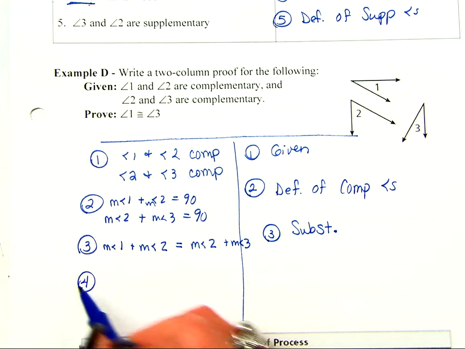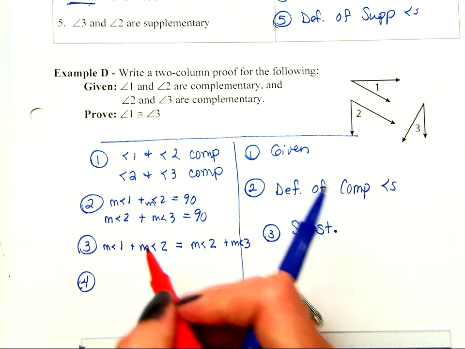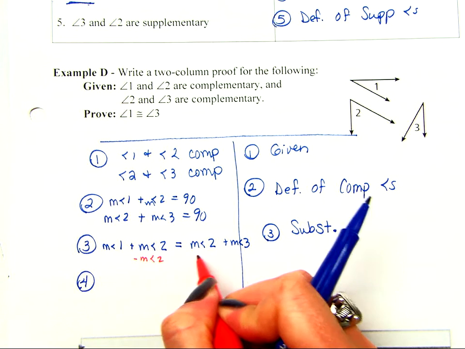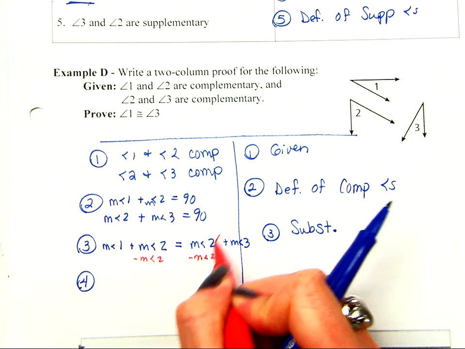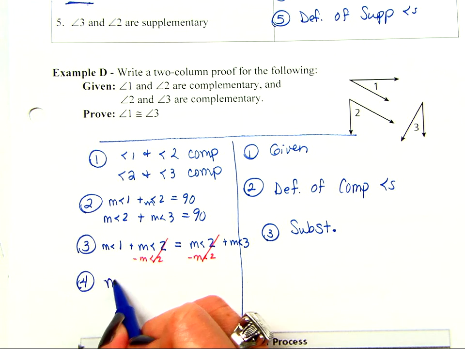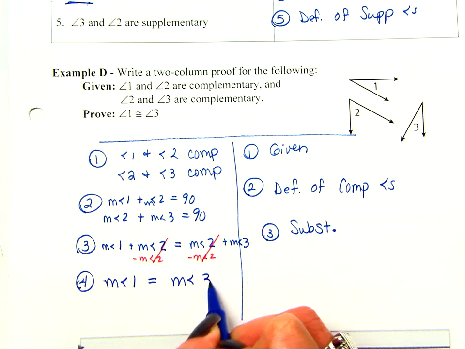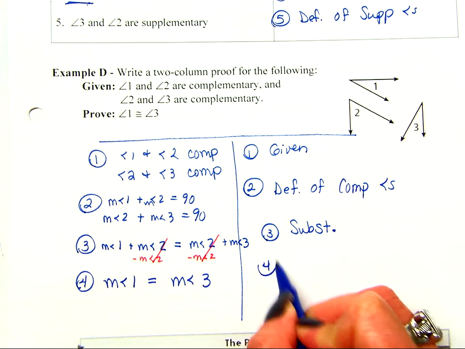Step number 4. Well, I can see that I have the measure of angle 2 on both sides. And so if, again, I use some subtraction, those will drop off, and we'll be left with the measure of angle 1 equaling the measure of angle 3. How did I get to that point?